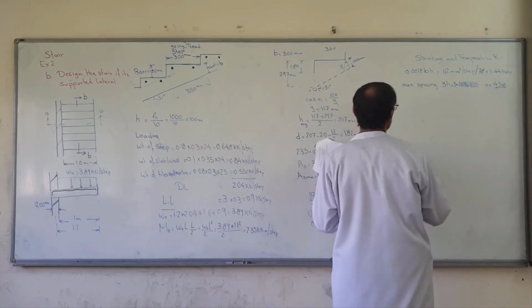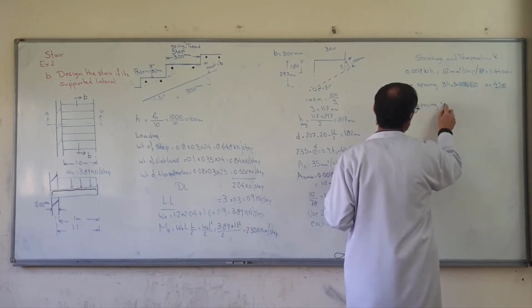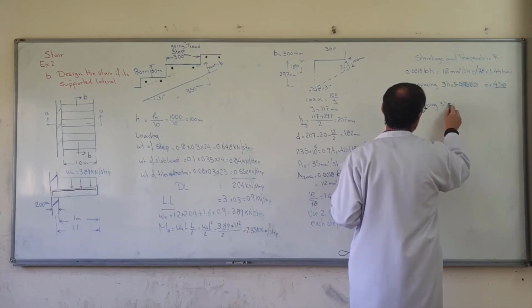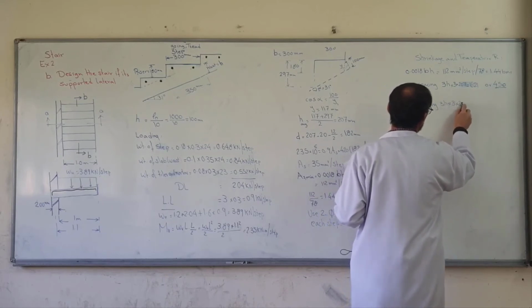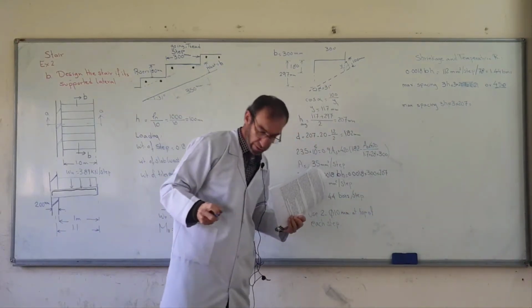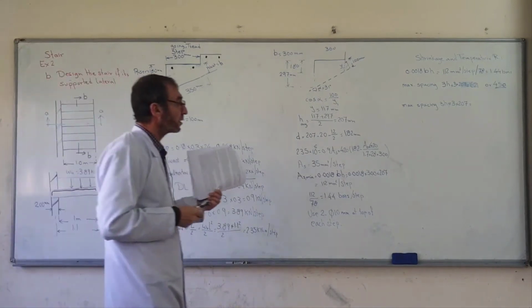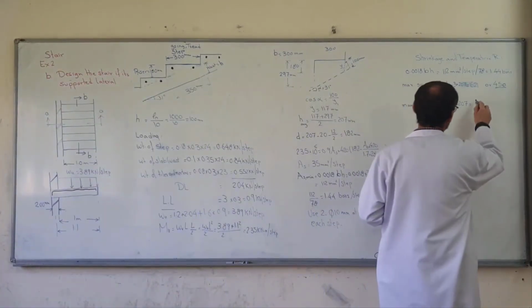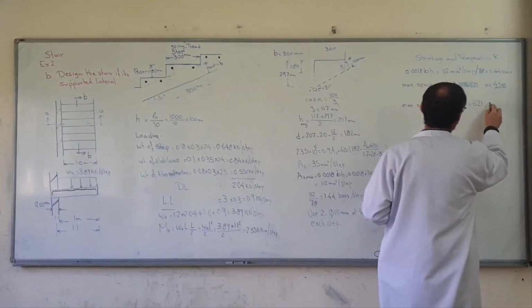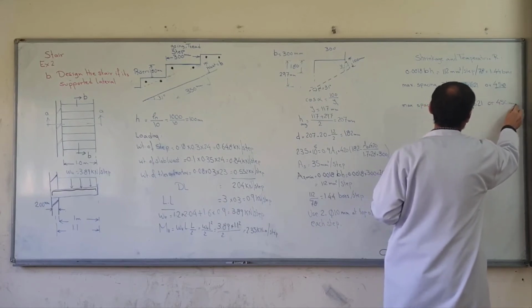Now let's require maximum spacing according to the code. 3H is equal to 3 times 207, and this is equal to 621 millimeters or 450 millimeters.